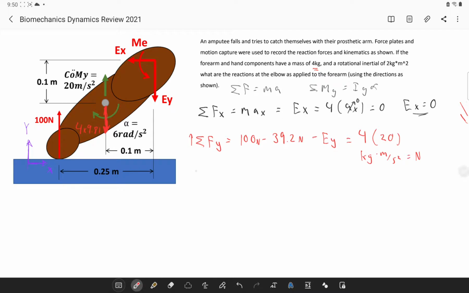So we can solve this out. Our EY equals, I'm just going to move everything to one side of the equation. We have 100 minus 39.2 minus 4 times 20, so that's 80. So I'm going to plug this in my calculator.